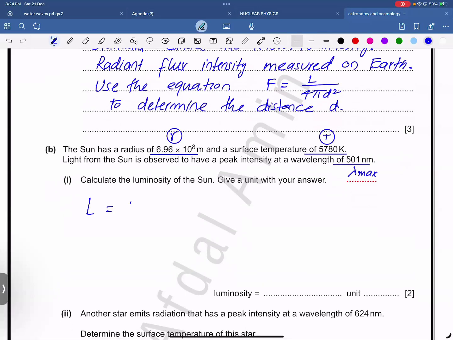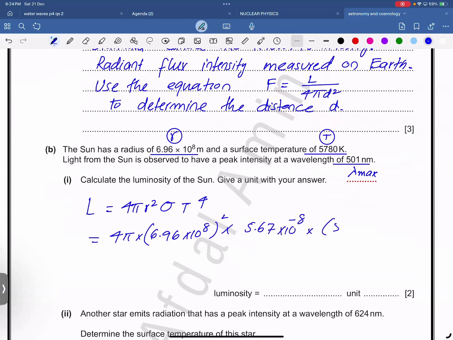So luminosity L is equal to 4 pi r squared sigma T to the 4. 4 pi times 6.96 times 10 power 8 squared, times 5.67 times 10 power negative 8, times 5780 power 4. 3 point something, luminosity.